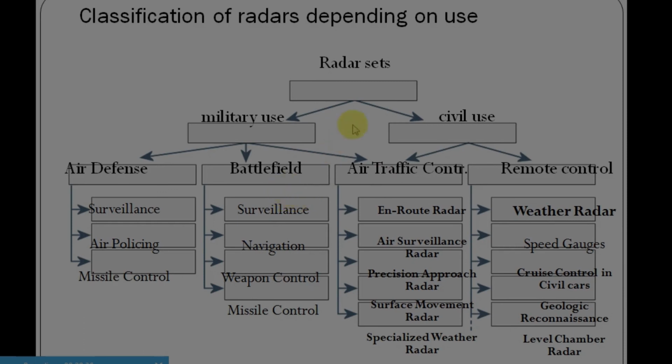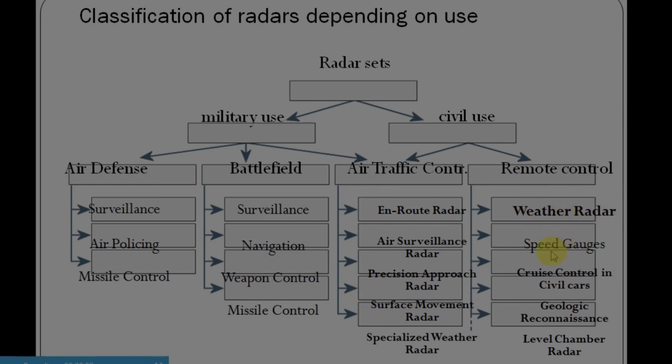Okay, this is again a quick classification: military and civil use radar. There are two types of radar. In military, again, air battlefield and air traffic control, which I actually covered: en route, air surveillance, precision radar, and surface movement radar. These are the popular radars in air traffic, where our same PPI screen is utilized. In civil use, the most popular is weather radar.